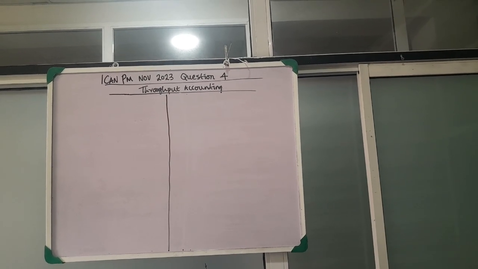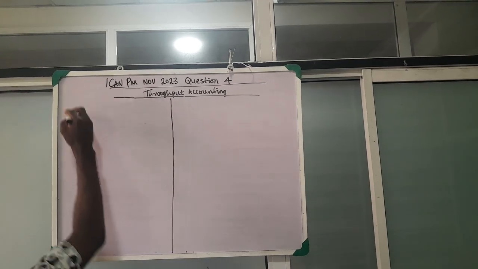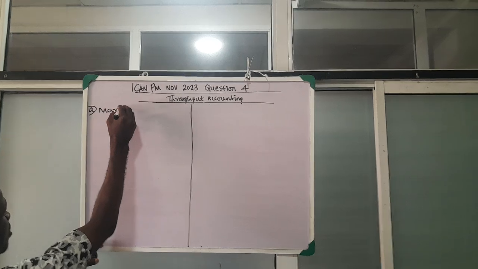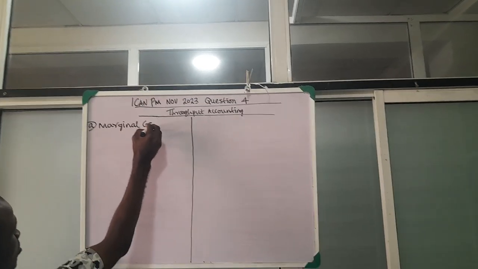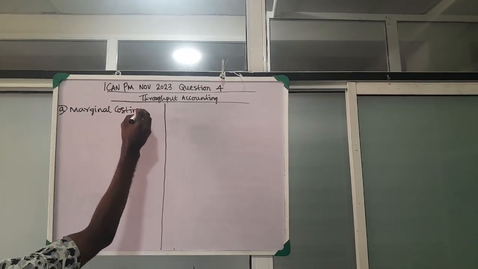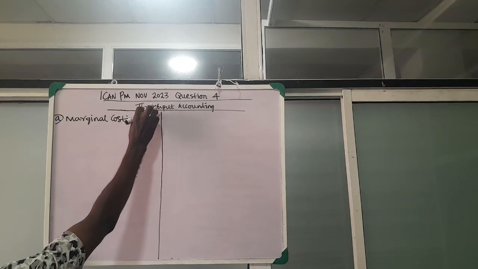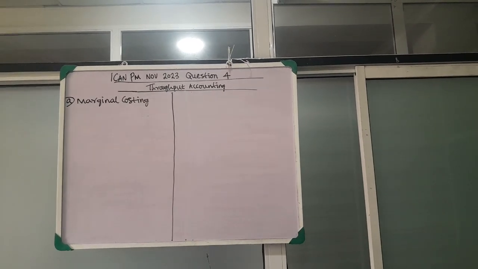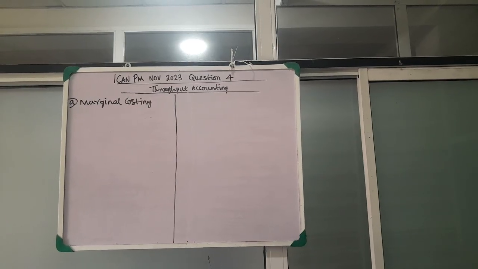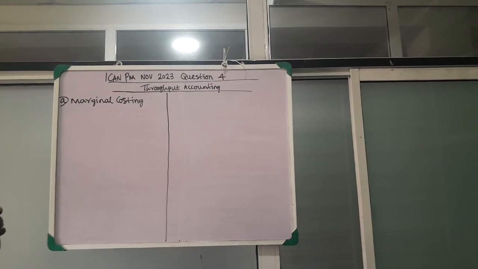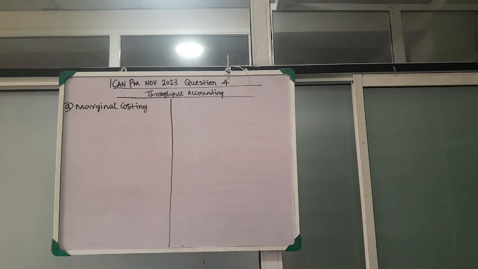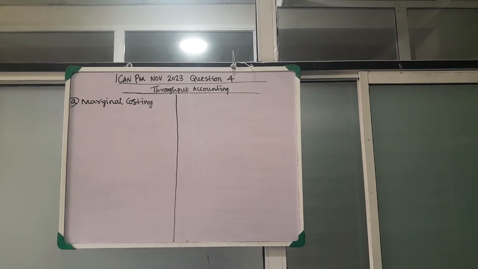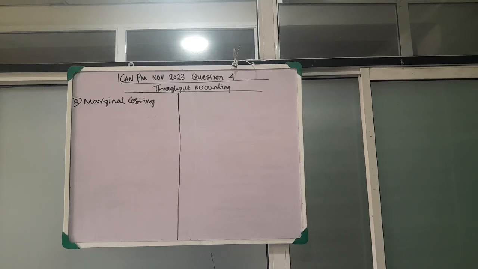So what they're asking is using the marginal costing technique to determine the optimum product mix, and also to determine the profit that will come as a result of that product mix. First, we are going to find out if they are constrained in one way or the other.